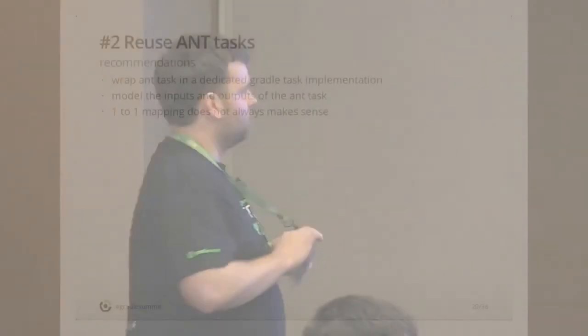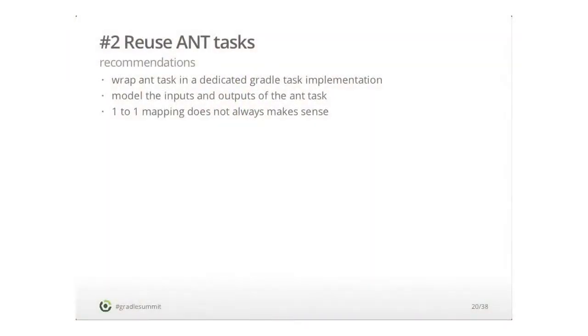Some recommendations for that. What I usually do, when starting with porting some ANT stuff or including some ANT stuff in Gradle, is use a dedicated Gradle task and do a one-to-one mapping, mapping one ANT task to one Gradle task. Normally ANT tasks are more fine-grained. You can have targets or stuff like this, but normally I use a task and map them directly to a Gradle task.